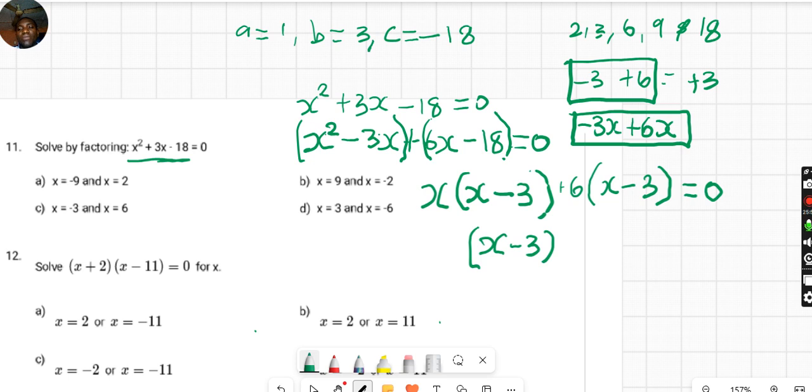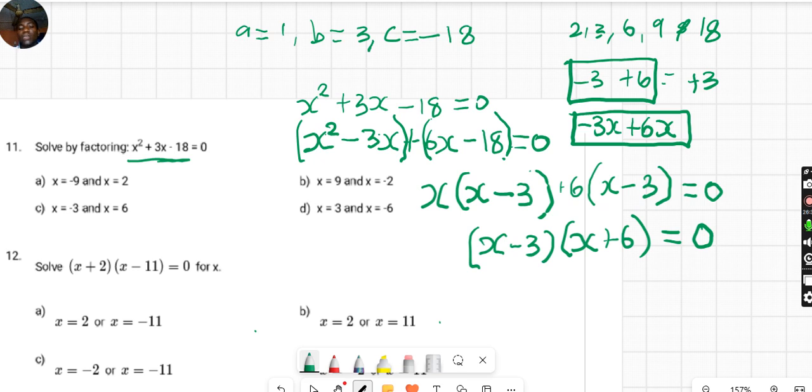After you pick one of the brackets, then you pick the values outside each of the brackets and bring them together. This first bracket, the value outside is x. The second bracket, the value outside is plus 6. So this is x plus 6. You put them in another bracket, equal to 0.